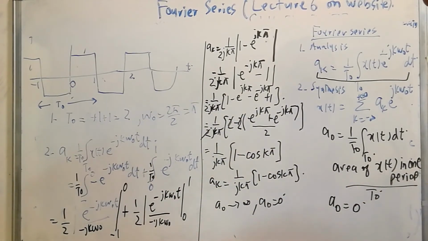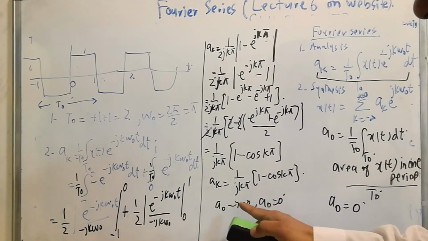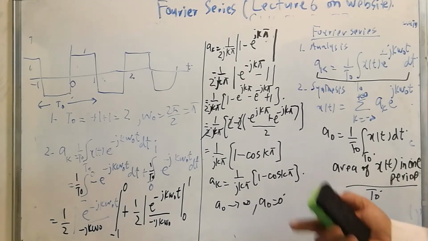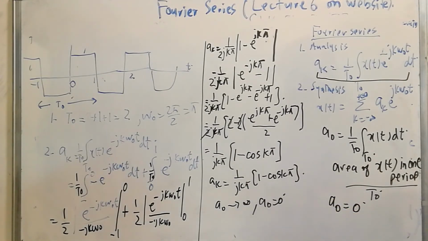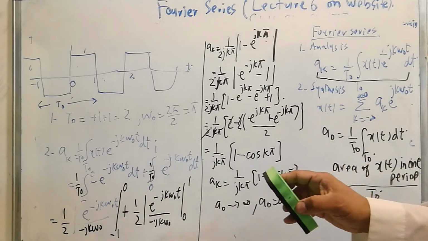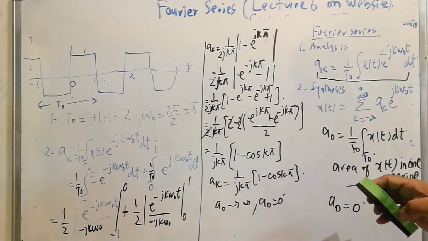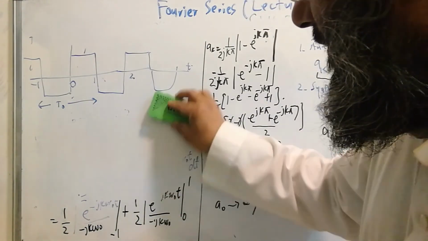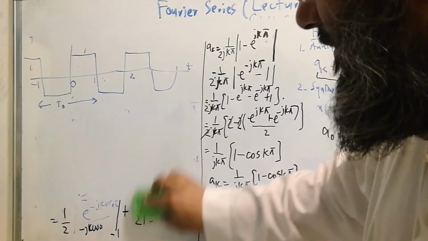So let us first look at some of these aks, starting from 0 and then plus minus 1, plus minus 2, plus minus 3, and so on. So now what I will do here is delete this one here, and let me just calculate.